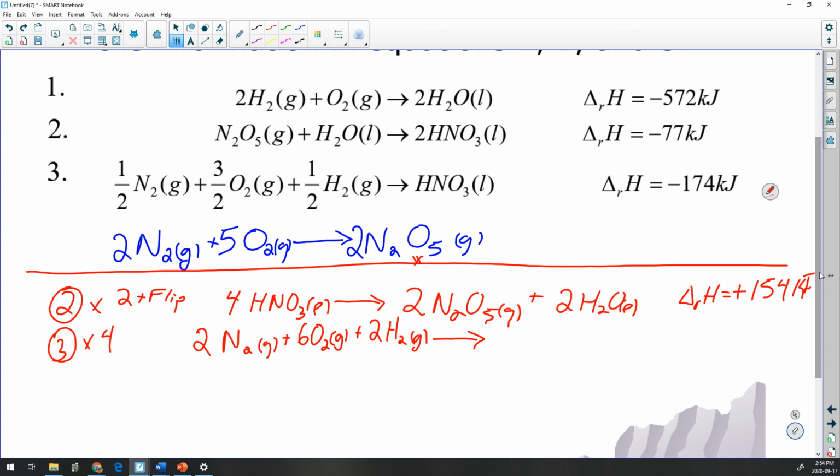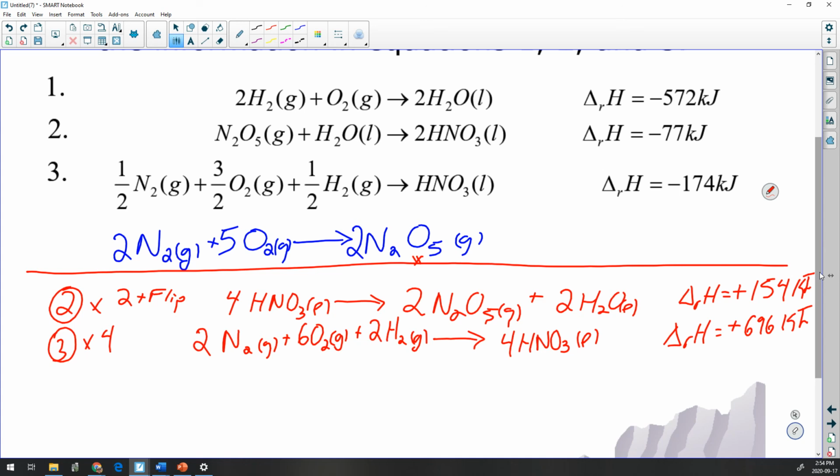And that gives me 4 HNO3s. Now notice again, I had 4 nitric acid over there. I have 4 nitric acid here. That's going to allow me to cross that off. Now, my delta H is going to be positive 696 kilojoules.